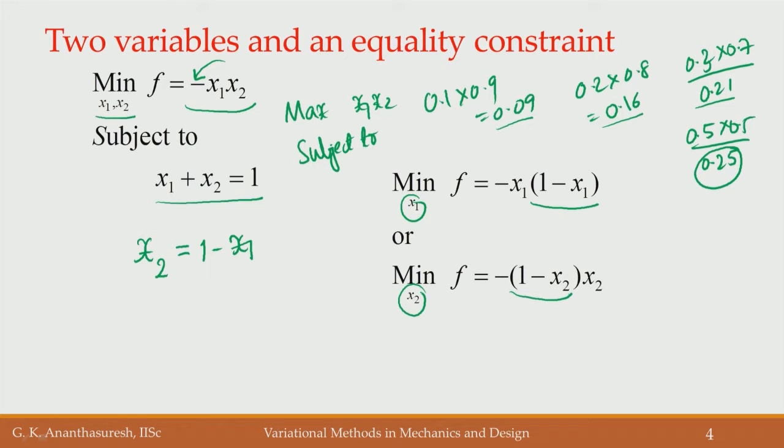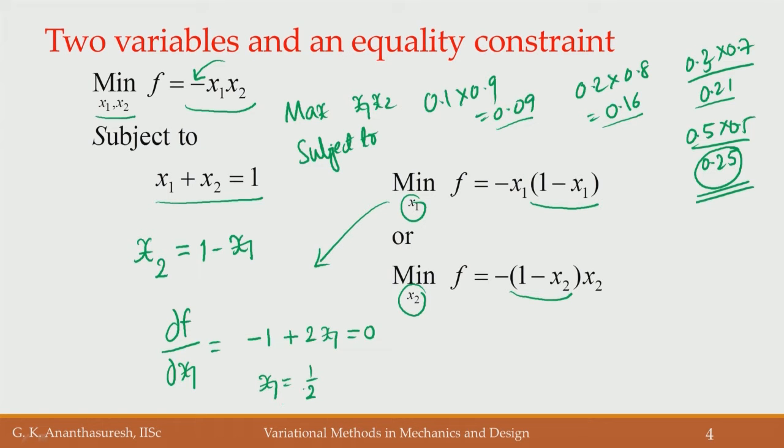If you now want to solve it, let us say this problem I want to solve. If you recall from our previous lecture on unconstrained minimization, if this is f, then the necessary condition is dou f by dou x1, which in this case is equal to minus 1 plus 2 x1, that should be equal to 0, and we get x1 equal to half, which is what we found out.